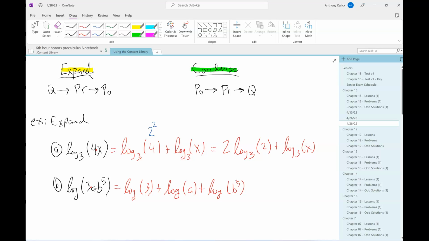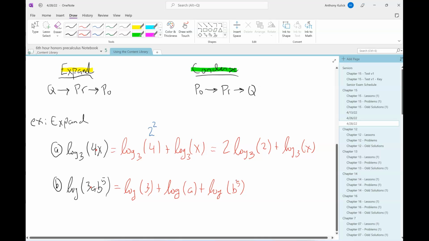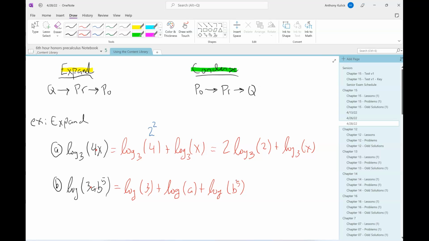Okay. Easy to see what's going on there, right? Since we've now applied a property and created new logs, we need to start back over. So looking at log 3, log a, and log b to the 5th, any quotients? Okay. Any products? Okay. Any powers? How many power properties?